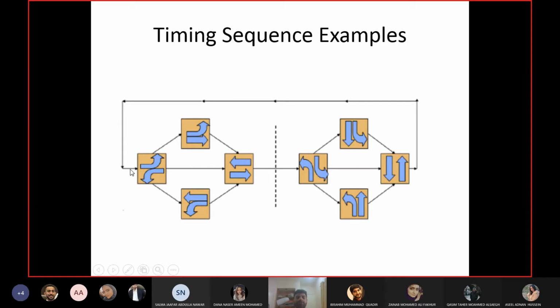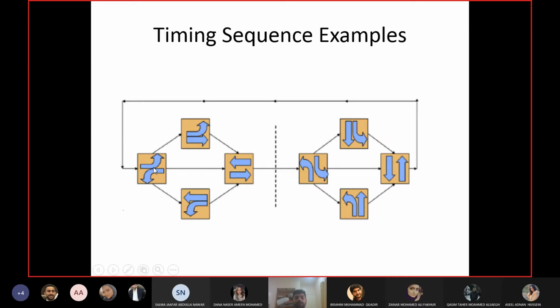So you can see here, if you go along the horizontal line, you have 4 basic phases. We have the 2 left turns, then the 2 straights, for east and west, and then the 2 left turns and the straights for north and south. This is the basic plan with 4 phases.